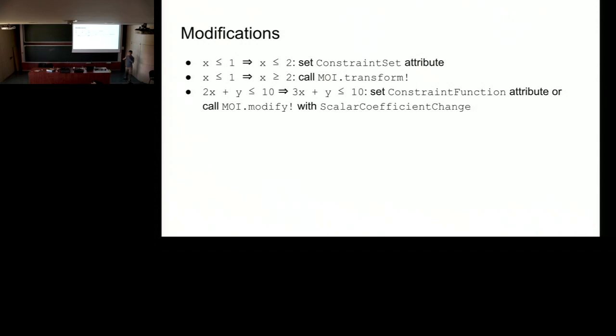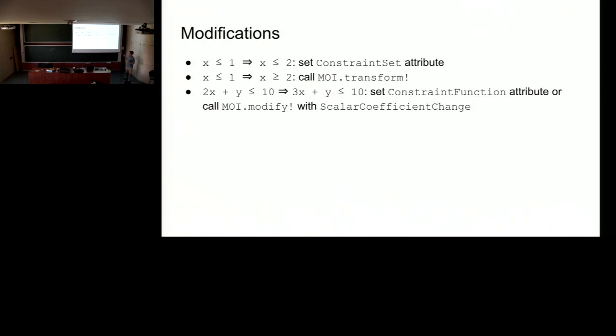One way is to replace the constraint set with another one of the identical type with a different parameter, since the upper bound is a field of the less than set. So we have a constraint set attribute that lets you, given a constraint, replace the constraint's set with another one of the same type with possibly different values for the fields.